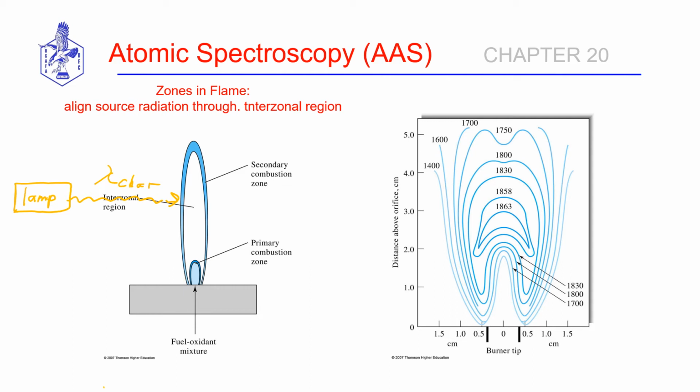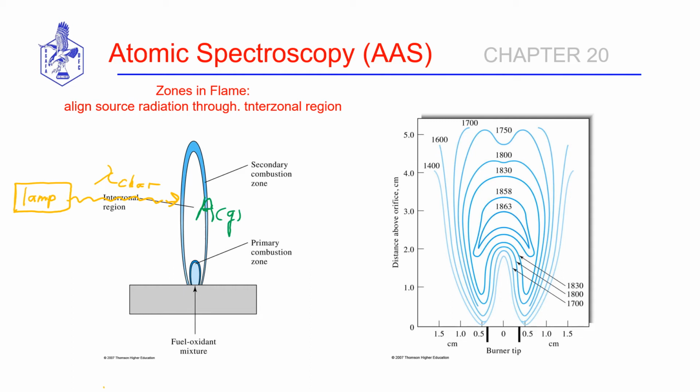Where do we want that source radiation to hit our flame? Where is my analyte species likely present at the greatest concentration in the ground vapor state?